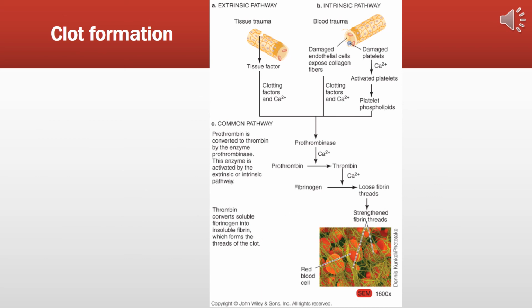So here's a diagram which shows the process of clot formation. And we're not going to worry too much about whether we're talking about the extrinsic or the intrinsic pathway, and we're not really going to talk about the release of calcium.